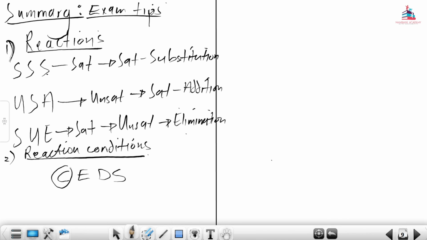It means now when I see C for concentrated, then the reaction must be elimination. So already it is saying to me, if I am looking at the reaction and I am told that concentrated strong base was used, then that reaction must be elimination.